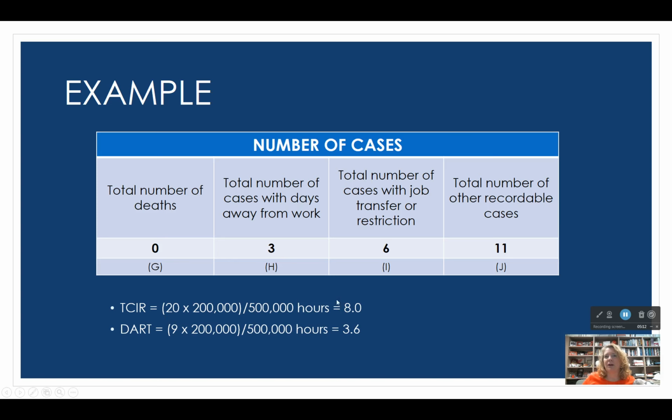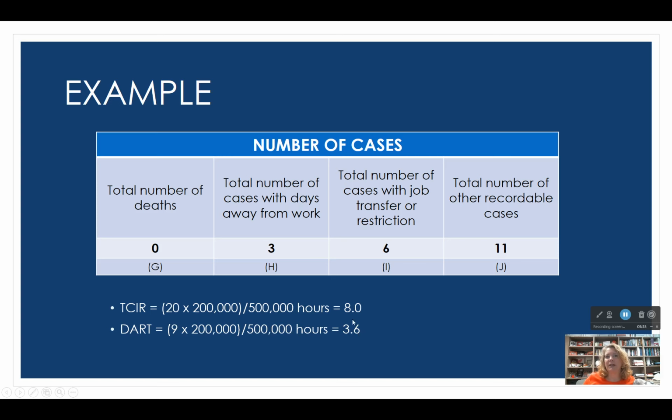Our TCIR rate would be 8 per 100 employees, so 8 out of 100 employees have been injured this past year. For our DART rate, we're only going to do the H and the I, so 9 times 200,000, the hours stay the same, and it would be 3.6.